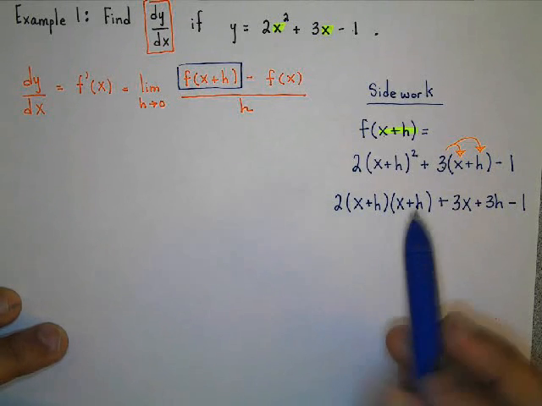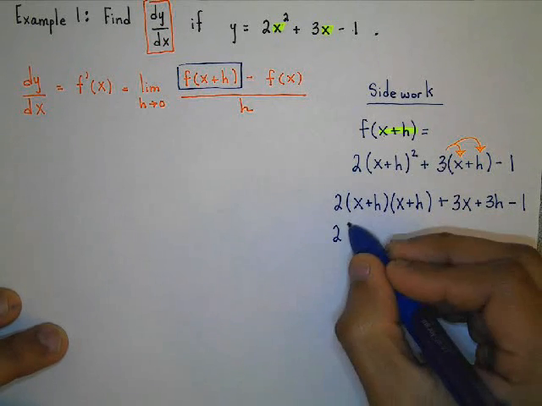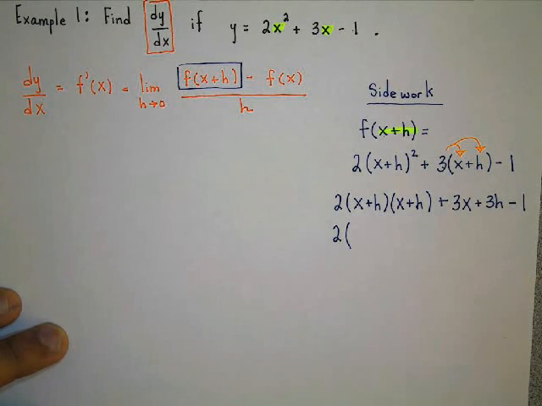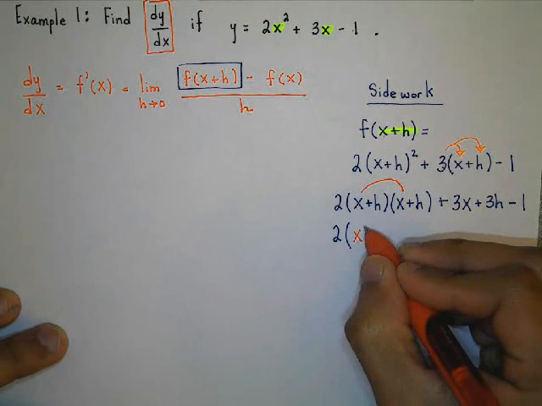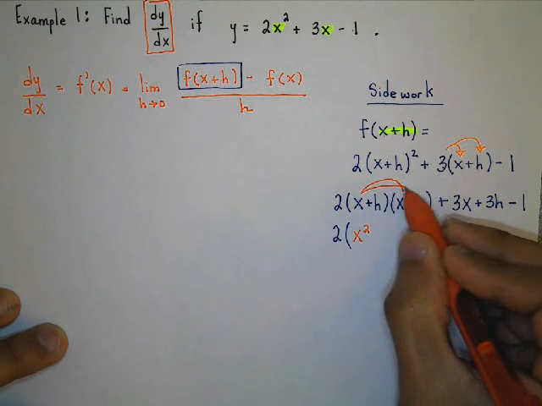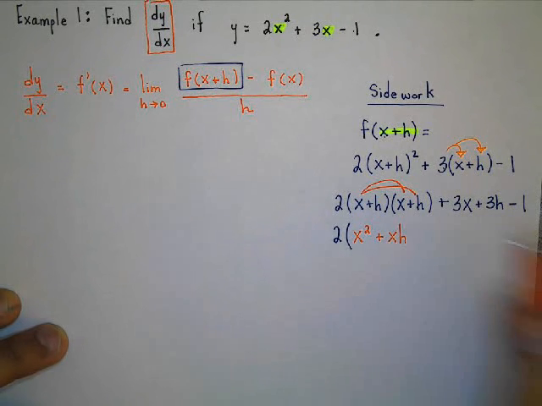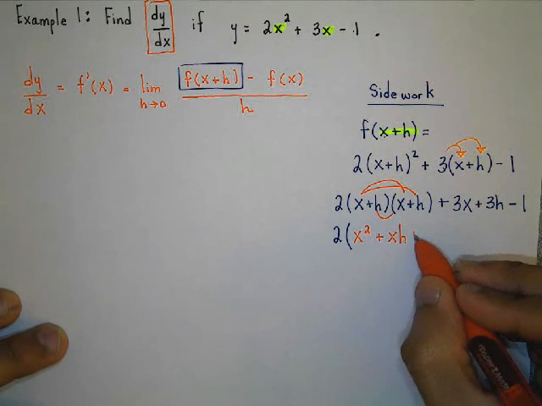So it looks like the only thing that I need to take care of now is just this part here. I'm going to leave the 2 alone, drop down to 2, and multiply this out right here. So this is going to turn into x times x, which is x squared. Then we're going to have x times h, which is xh. And then here we have h times x, which is hx.